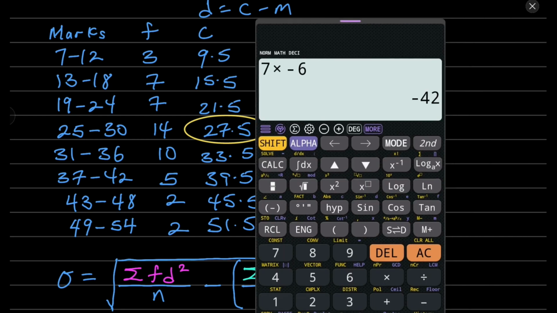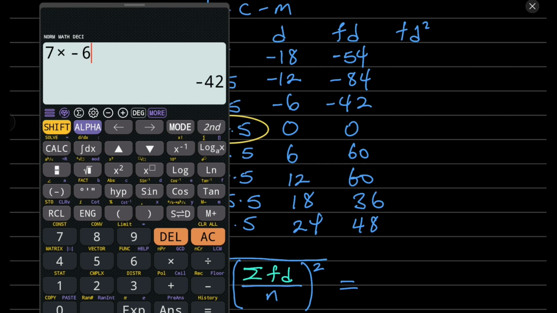Then we call on our calculator again. We are simply multiplying this by this to give us all of this. So for the first one, minus 18 times minus 54, we have 972. The next, minus 12 times minus 84, we have 1008.